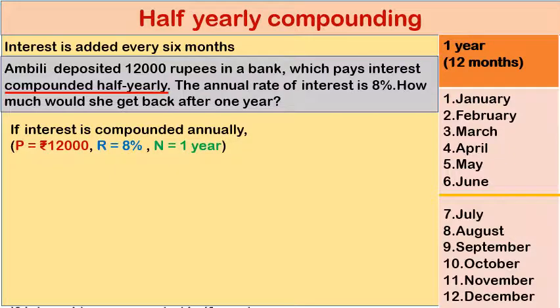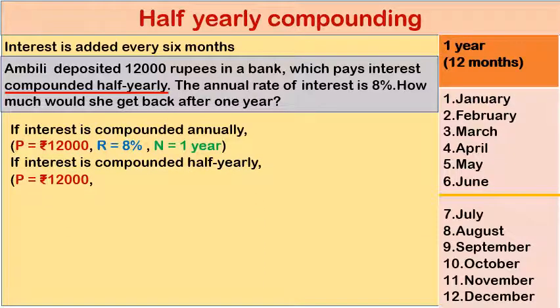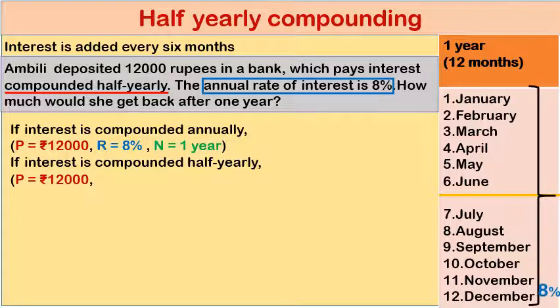Let us say that if interest is compounded half yearly, principal P equal to same 12,000 rupees. But rate of interest does not become 8%, because 8% is the annual rate of interest given in the question. We are calculating half year compound interest. So we need half year rate of interest, which is equal to half of annual rate of interest. So let us do rate of interest R equal to 8 by 2, that is 4%.